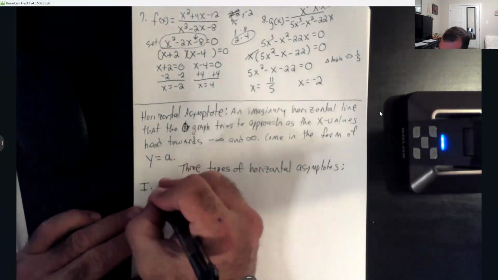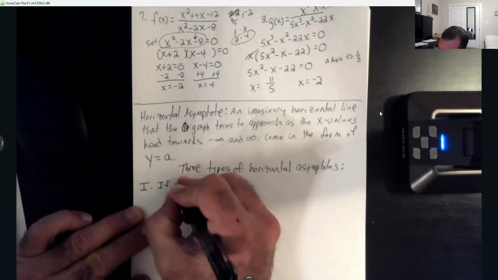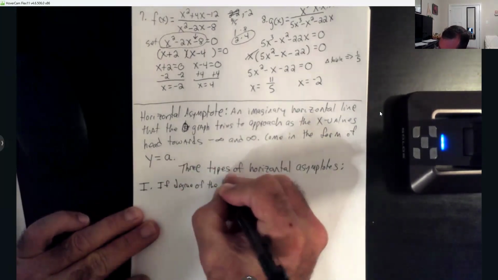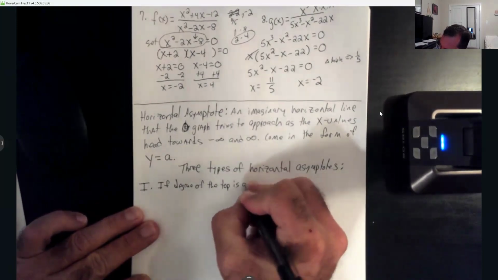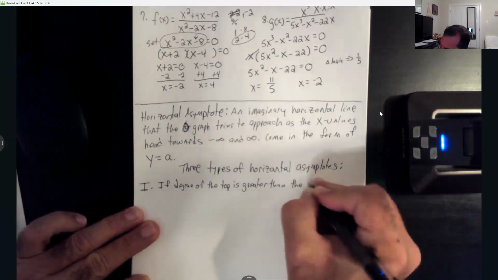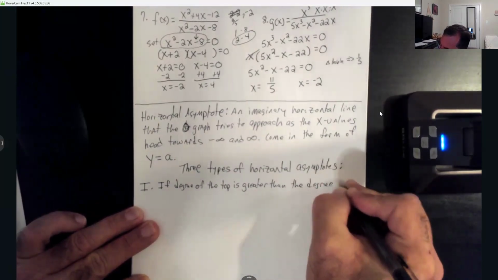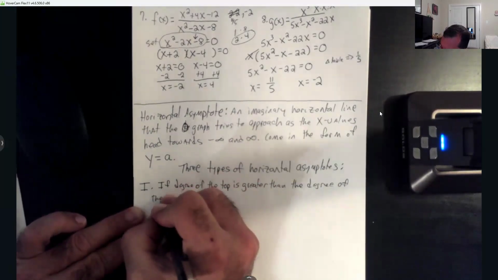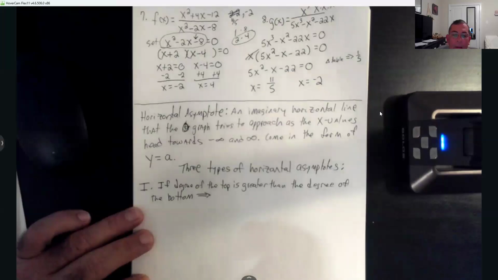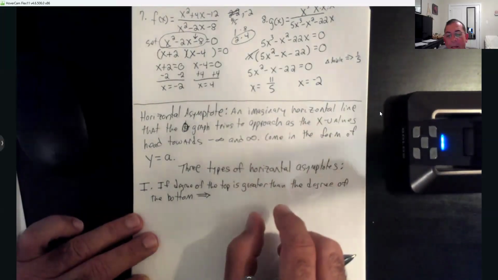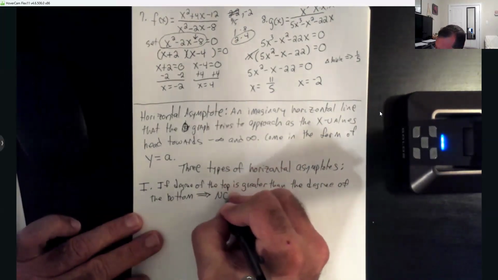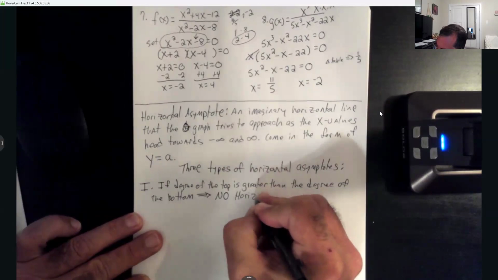So the first case: if the degree of the top is greater than the degree of the bottom, so if my exponent on top is bigger than the exponent on the bottom, then there is no horizontal asymptote.